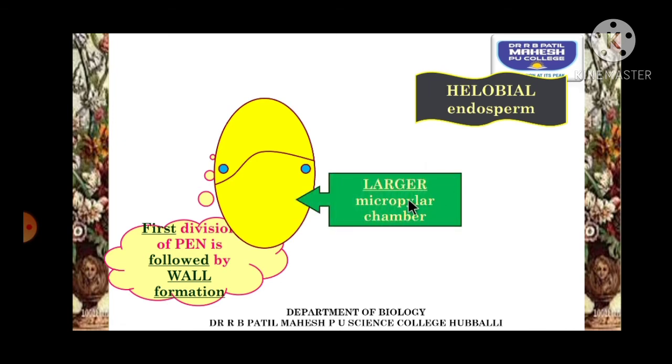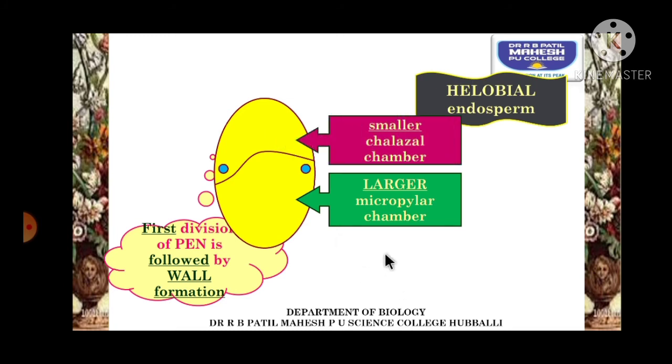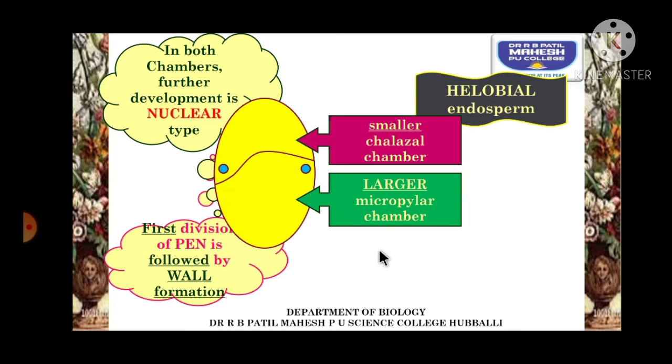But further, the larger end is said to be the micropylar chamber and the smaller is said to be the chalazal chamber. After that, in both the chambers, further development will be nuclear. See, only the first karyokinesis is followed by cytokinesis. Further development is nuclear type.